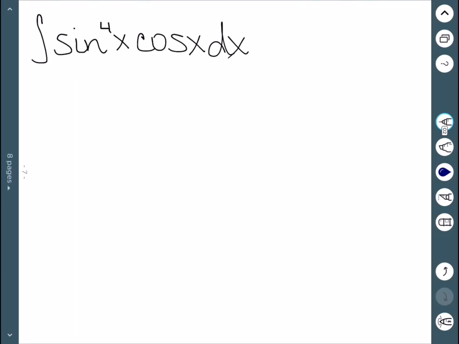Another example, sine to the fourth x times cosine x dx. Well, we want to see something along with its derivative. We know that the derivative of sine is cosine and the derivative of cosine is negative sine. So we have two functions, both of which their derivatives appear. However, we really need to watch this to the fourth. We can't have a du to the fourth power, so we need to let u be equal to sine.